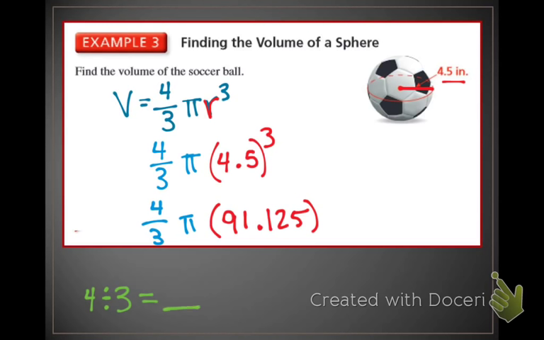Okay, you're going to get, I just told you, 1.3 repeating. Okay, don't clear your calculator. It'll look like this. Then you're going to multiply that by 3.14. So hopefully you're doing this with me. You should get 4.186 repeating. Now's the last step where you multiply by 91.125.